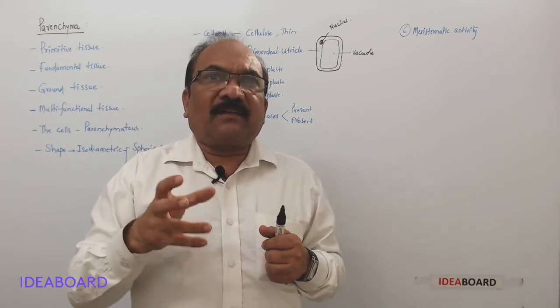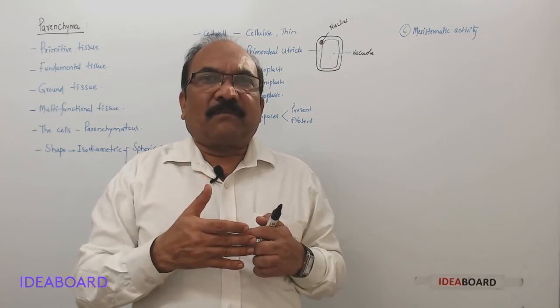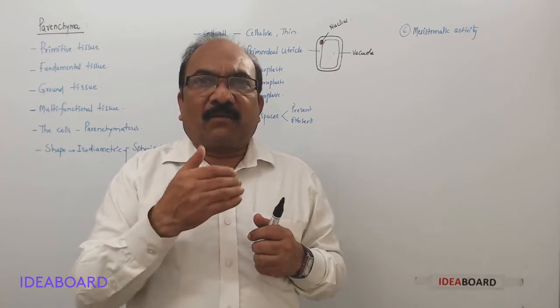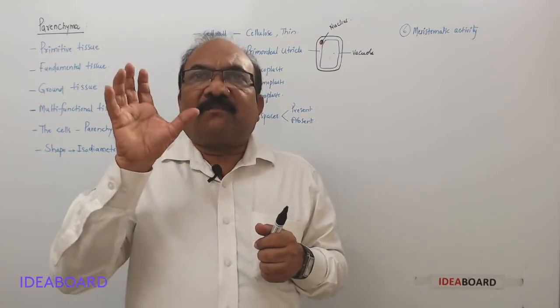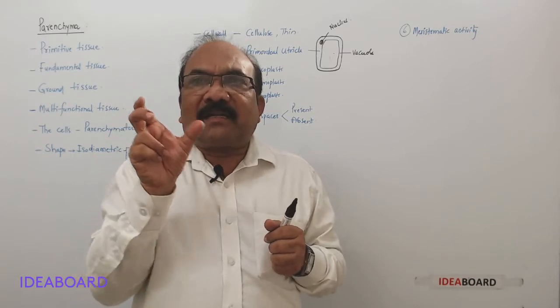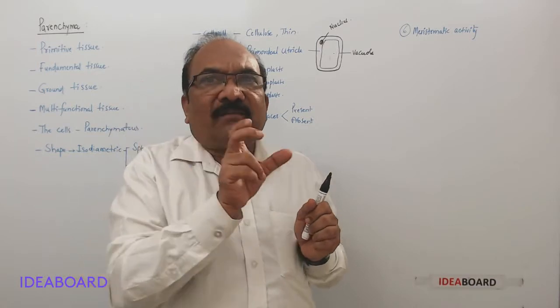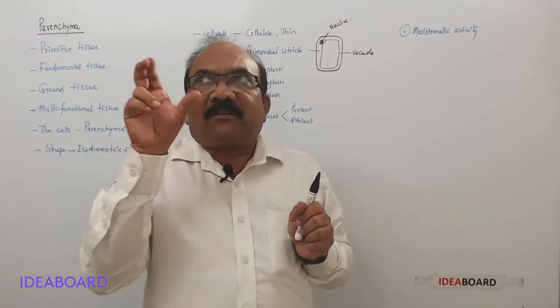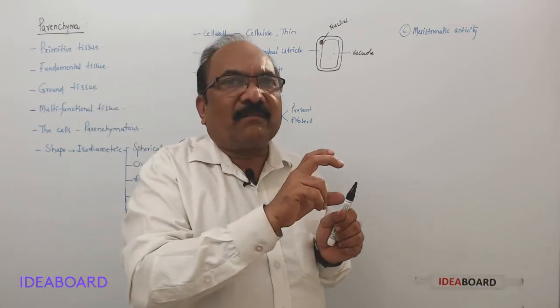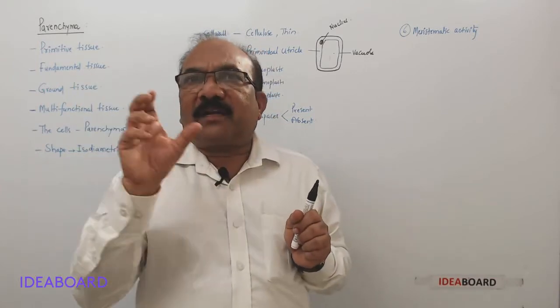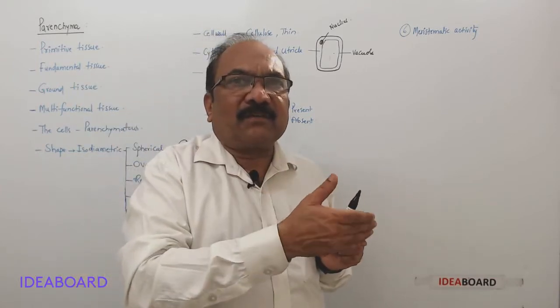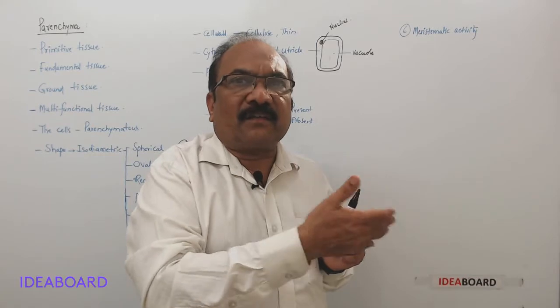But whatever the cell it may be, even if it is collenchyma, first what will appear? Parenchyma. Later it will change into collenchyma. First parenchyma, later it will become sclerenchyma. First parenchyma, later it will become a trachea. First parenchyma, later it may change into a vessel.